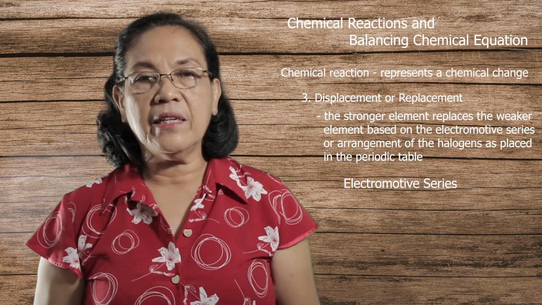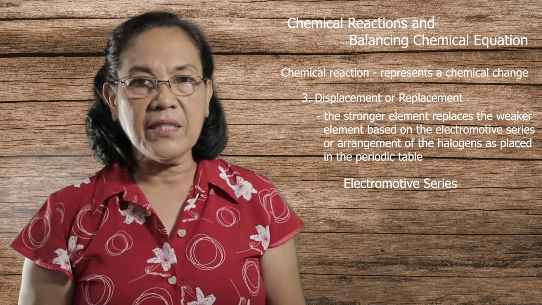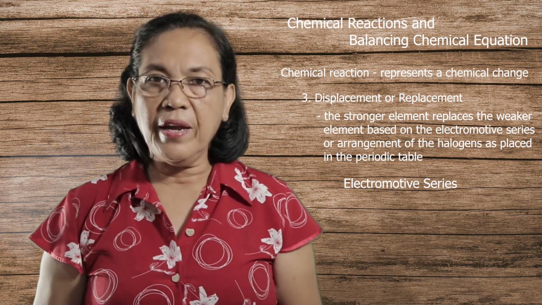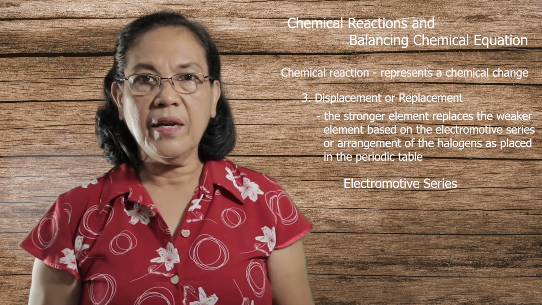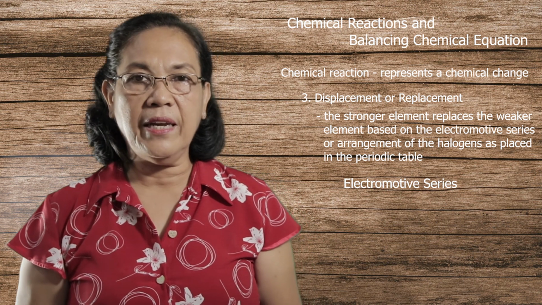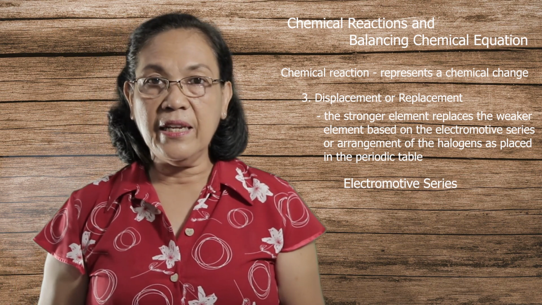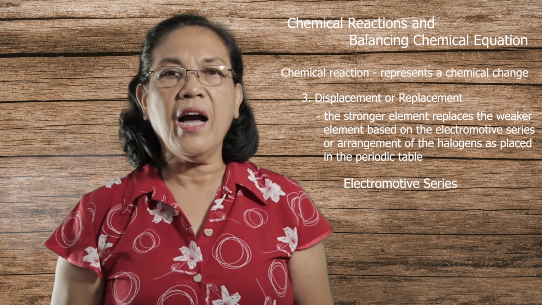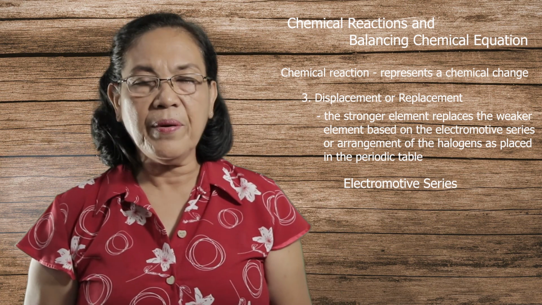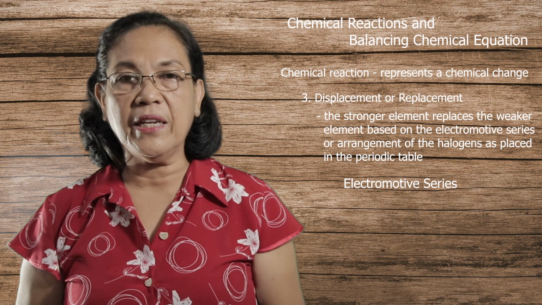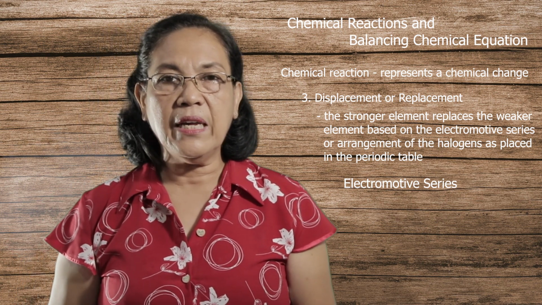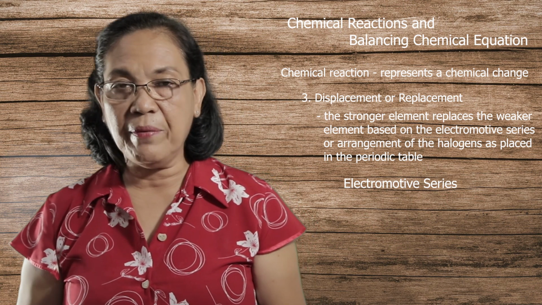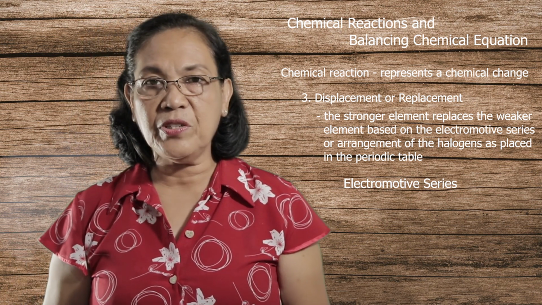On the other hand, the halogens, as arranged in the periodic table, we have fluorine, chlorine, bromine, iodine, and astatine in that descending order. That means among the halogens, the fluorine is the most active one. So this fluorine can replace the chlorine in a chemical reaction and all the rest which are below it.